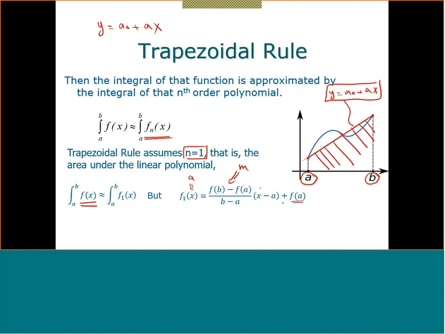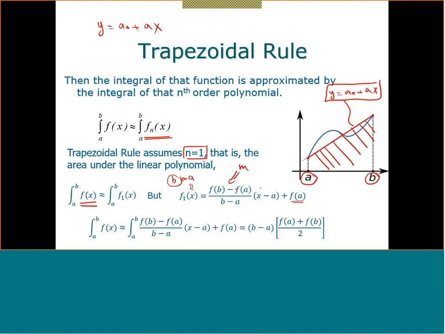If I substitute x as b, this becomes b minus a, which cancels, and minus f of a plus f of a cancels, so you have f of b. This is just to show you that if I apply the two limits of the line, I get the right function. So this is nothing but the equation for a straight line. That's all.